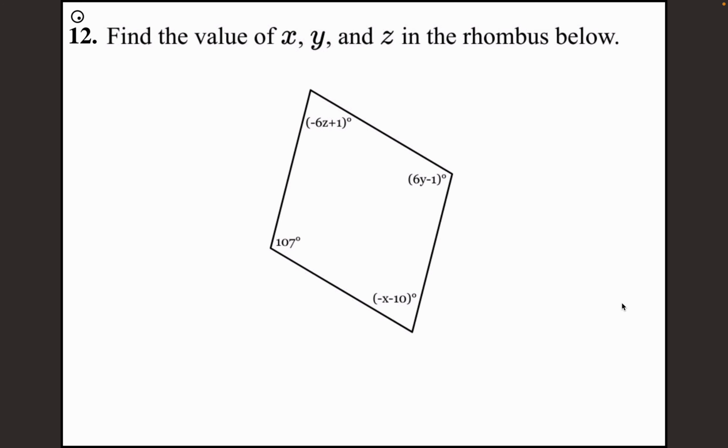X is negative 83. But that doesn't mean the angle's negative 83. X, Y, and Z. Yeah, pretty much. Not yet.